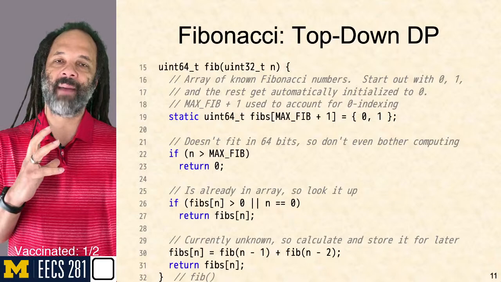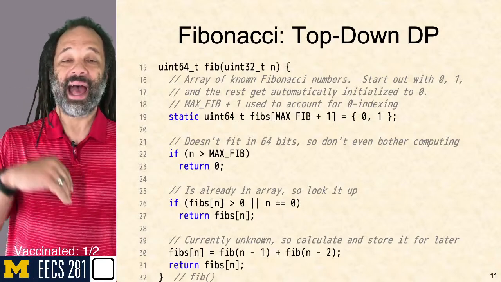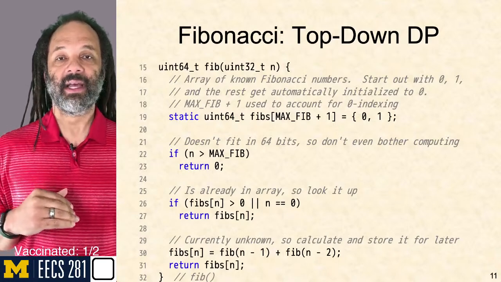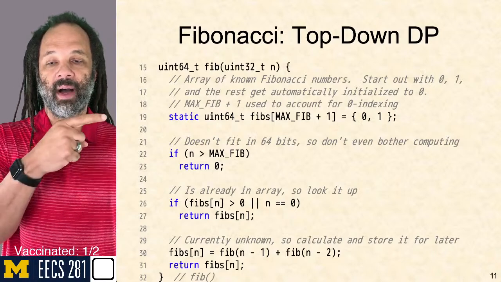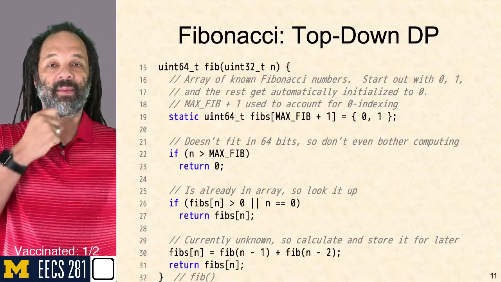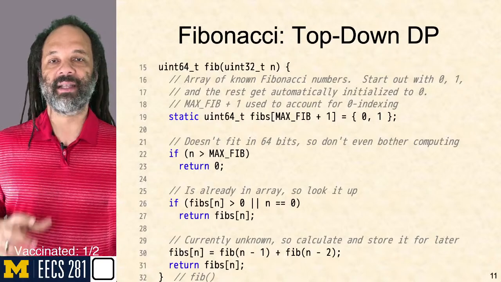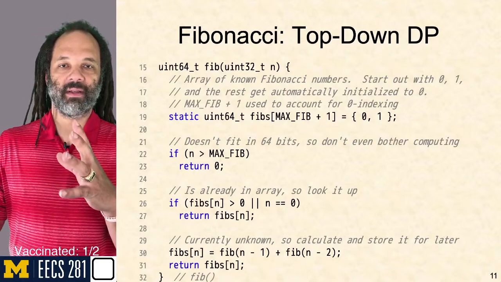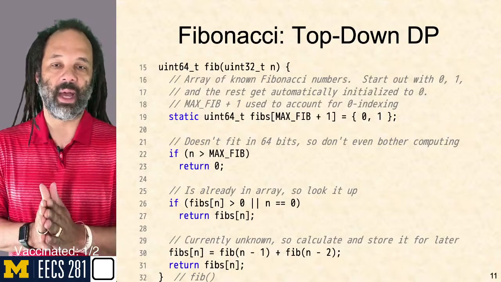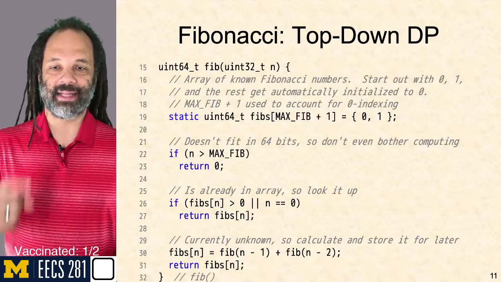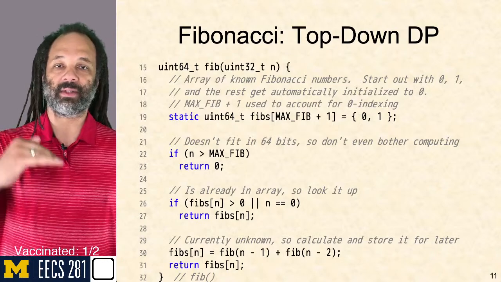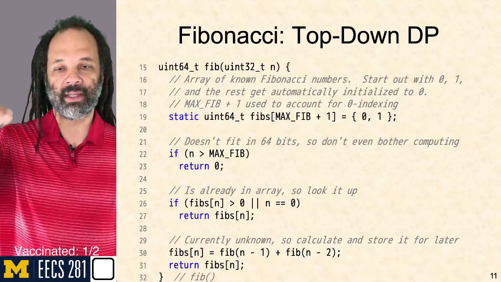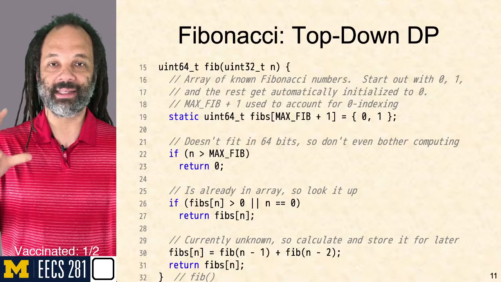And every time I come back into this function, I want that data to still exist. So normally we think of a variable inside of a function as living in its stack frame, and then when the stack frame gets popped, all of that local data goes away. Static undoes that. Static says we're going to put that data somewhere else, so the next time you come into this function, those data still exist.